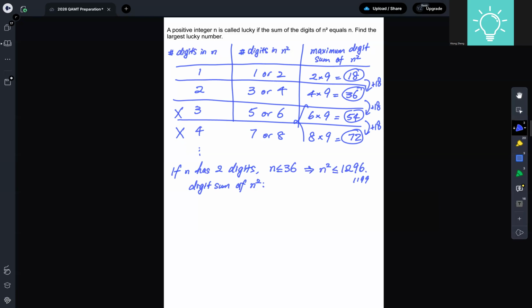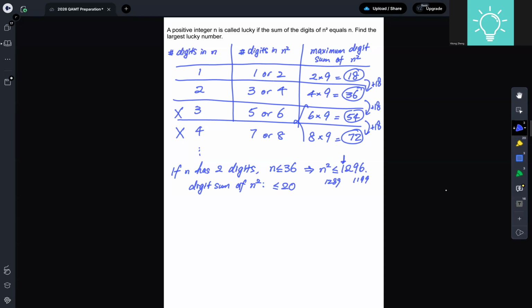And if it starts with 1, 2, it's not going to get bigger than 1289 or something like that. That is also 20. So the digit sum of n squared cannot go past 20, because we have a heavy restriction on this first digit, which has to be 1.